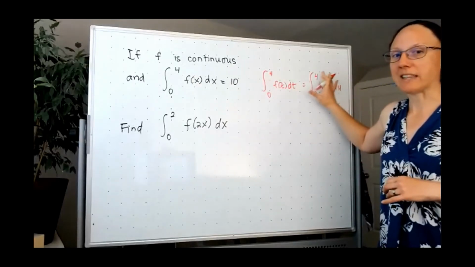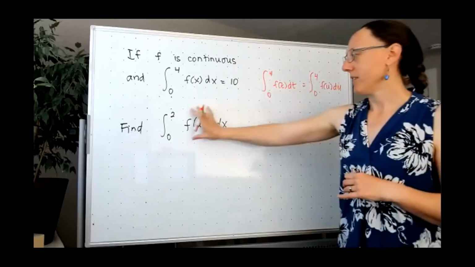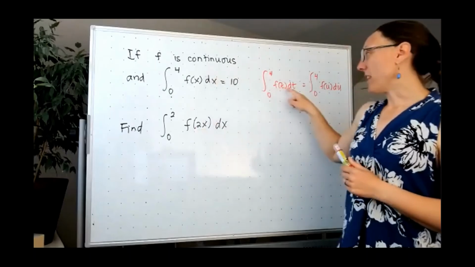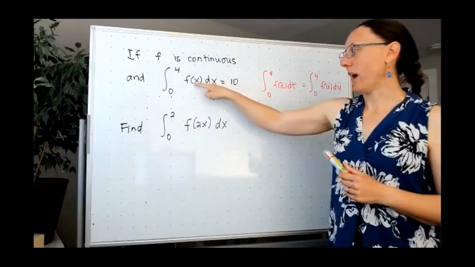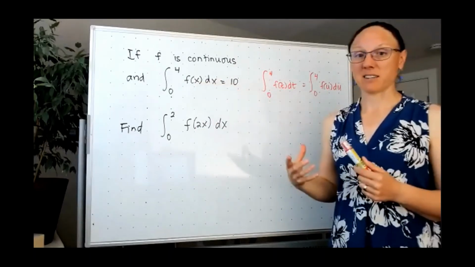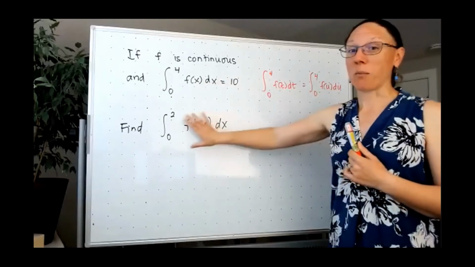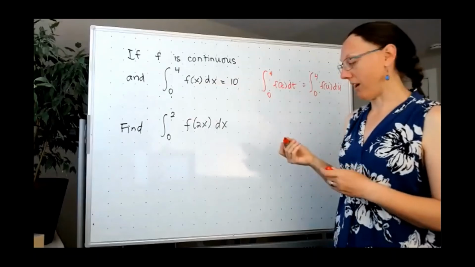And we're going to exploit this fact. So this equation doesn't say f of 2x, it says f of x, or f of t, or f of u. So I'm going to need to do a u substitution here.